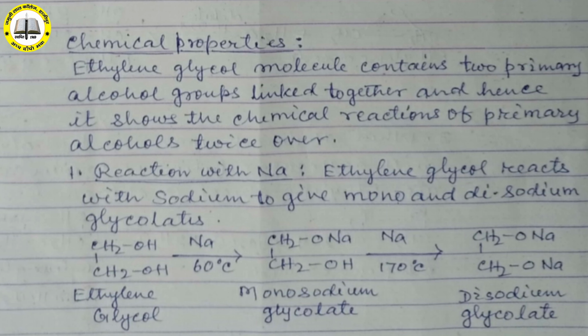Thus we can say ethylene glycol reacts with sodium to give first monosodium glycolate and then disodium glycolate. This is the first property, that is reaction with sodium, and the rest of the chemical properties will be discussed in the next class.